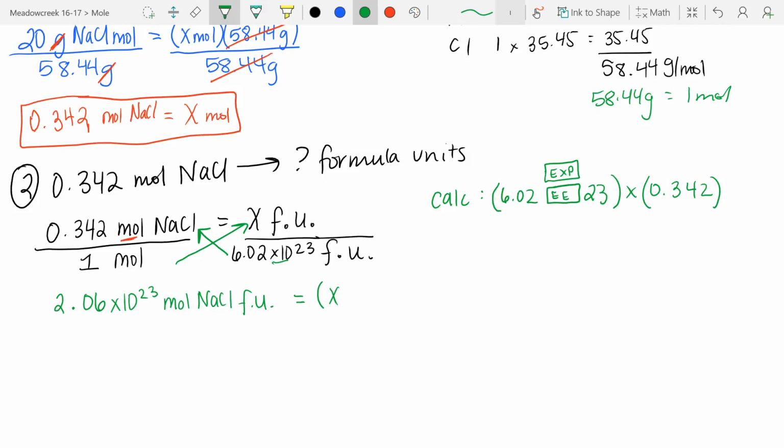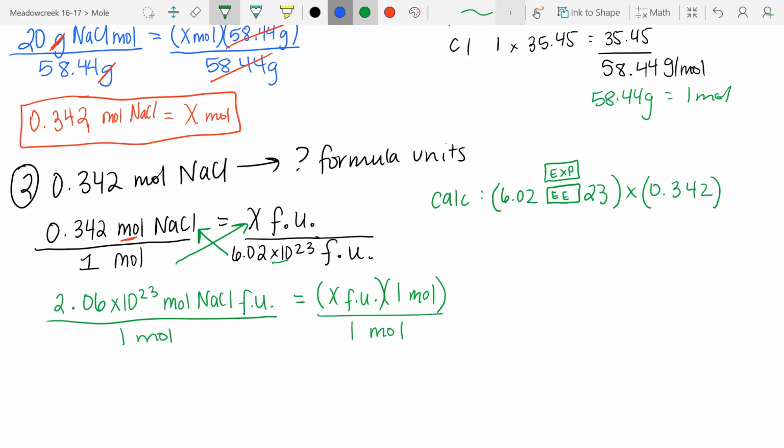And I'm going to set it equal and multiply the other side. I have X number of formula units times my 1 mole. In order to get X by itself, I need to divide by my 1 mole here.